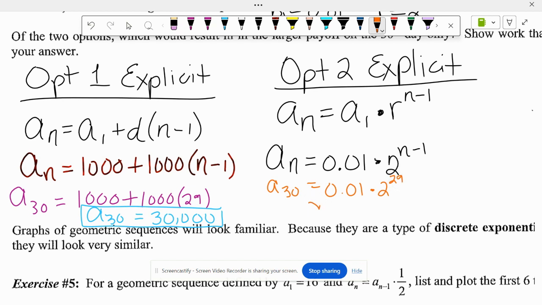So someone put that into your calculator and tell me how much money would my payout be on the 30th day if I chose the geometric sequence? I think that you forgot your decimal. So I think it's 5 million, right? Doesn't it start off with 5 million? Keep going.